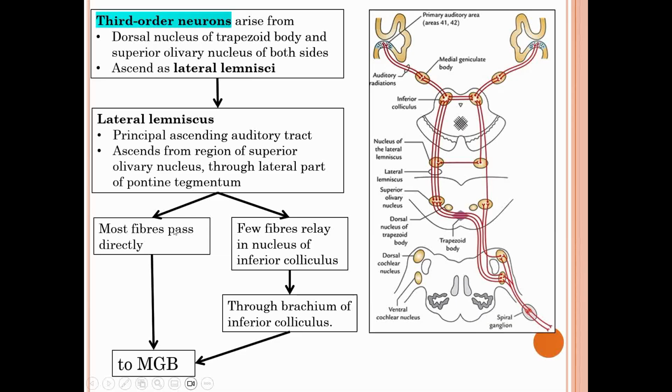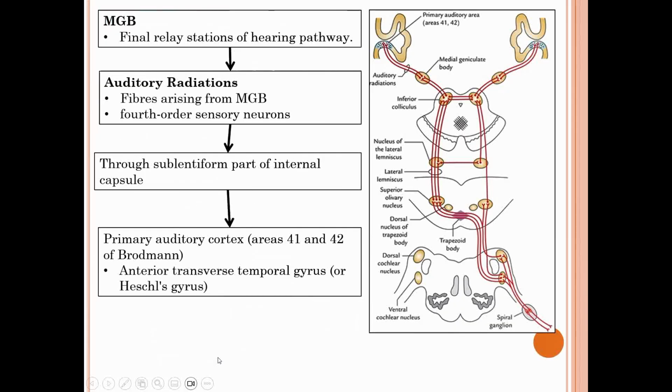Most fibers from the lateral lemniscus go directly to the medial geniculate body. Few fibers relay in the inferior colliculus, which is located in the midbrain, and from here through the inferior brachium they go to the medial geniculate body. Here is the medial geniculate body where the fourth order neurons arise.